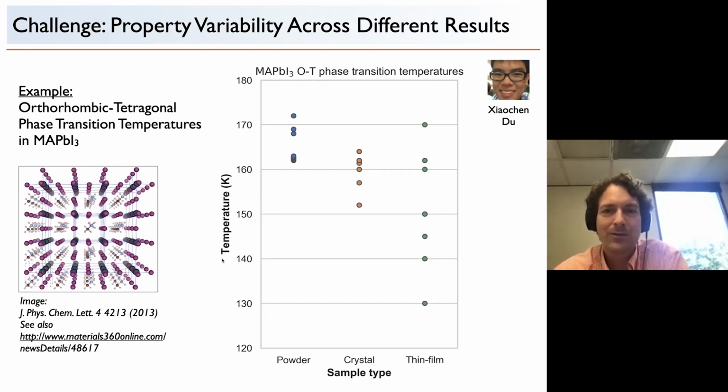Zhao Chen did a few things. For instance, he looked at them as a function of sample type. That's important. We'll record this in the database. It turns out that powder and crystal samples are slightly different, but they give noticeably better agreement between the respective values than thin film materials, which presumably have a larger variety in how they're processed.